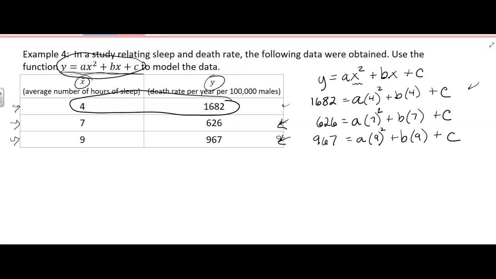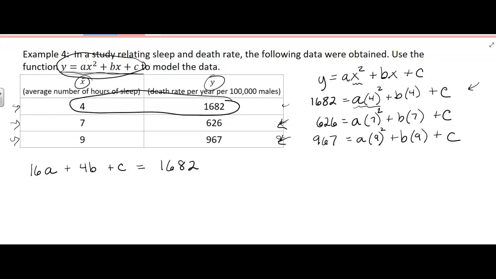Now I'm going to take this top equation and clean it up a little bit. I'm going to write 16A, because 4 squared is 16, plus 4B plus C equals 1682.